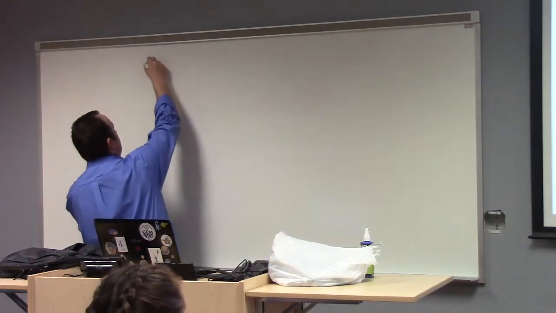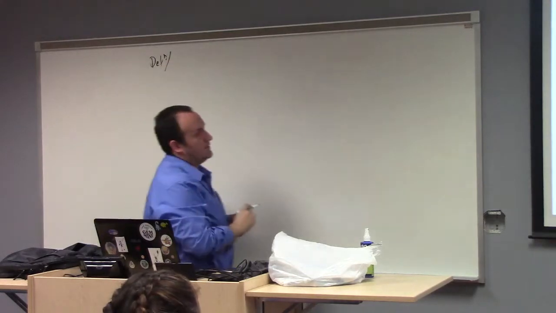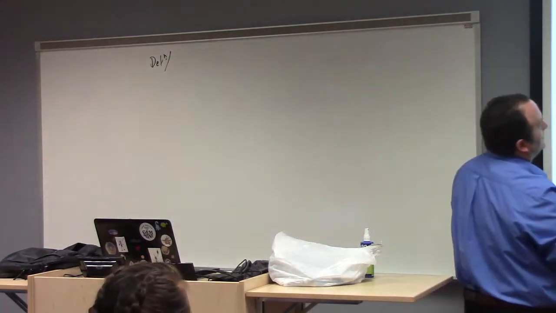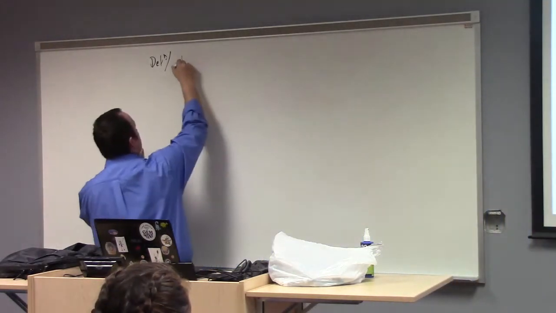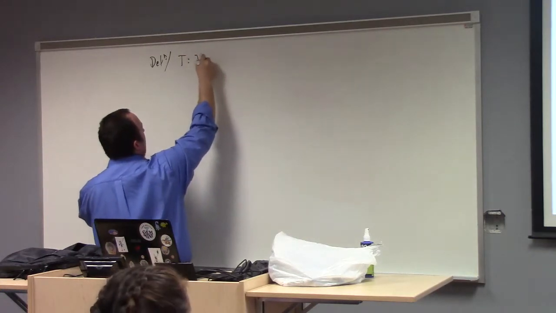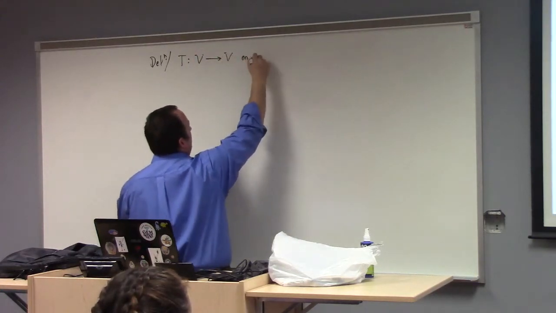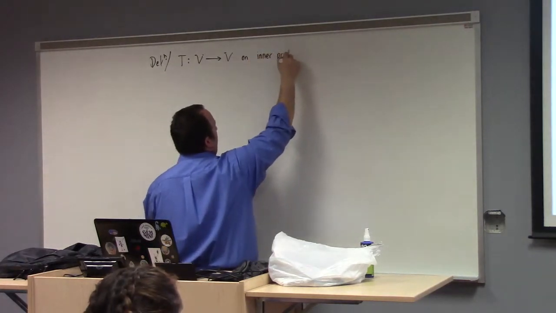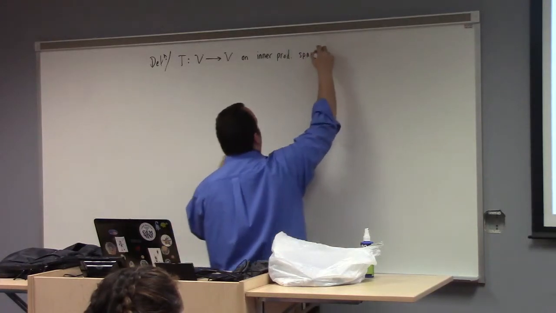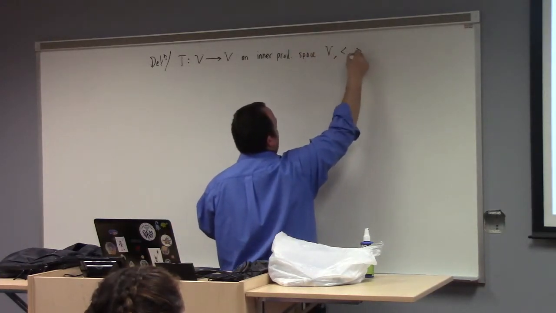All right. So I'll begin here. Definition, and I'm going to write this up here. For a linear transformation T on an inner product space V, so it's got some inner product, right?